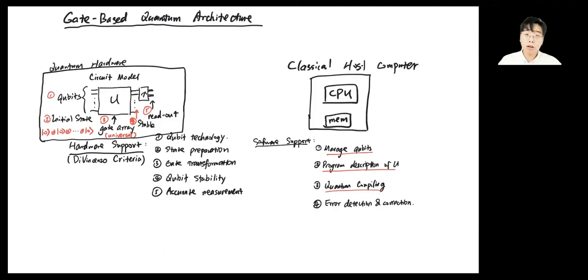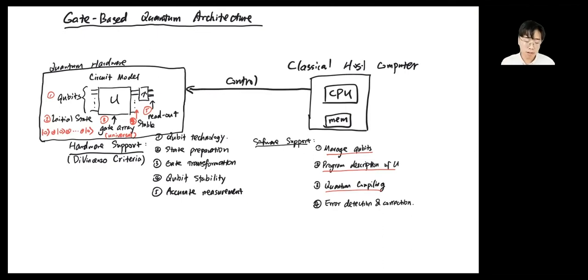So in the current design of a quantum architecture, we will use the host computer to write down a classical program description of the transformation U, and the CPU will be responsible for controlling or instructing the quantum hardware to perform its array or sequence of gates and measurements.